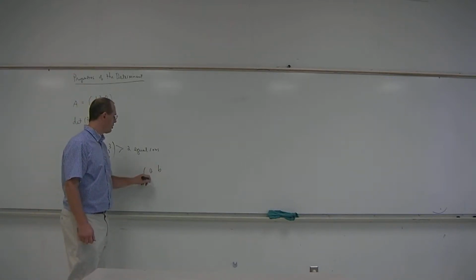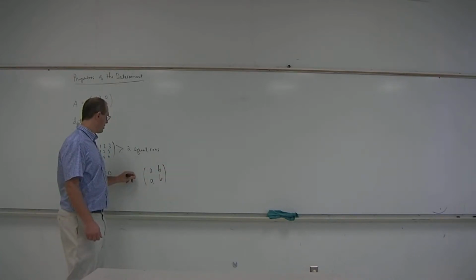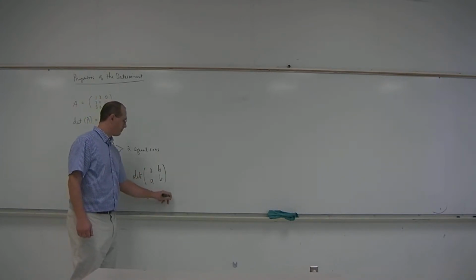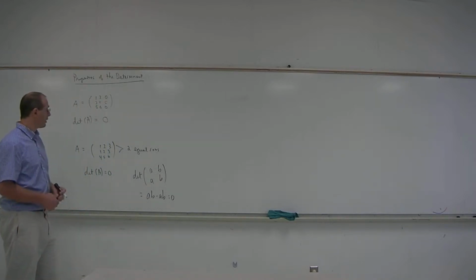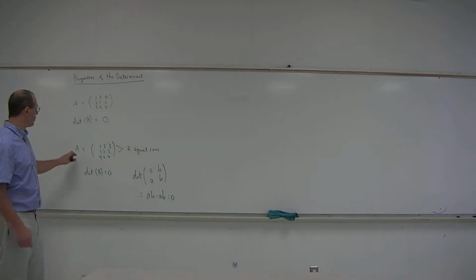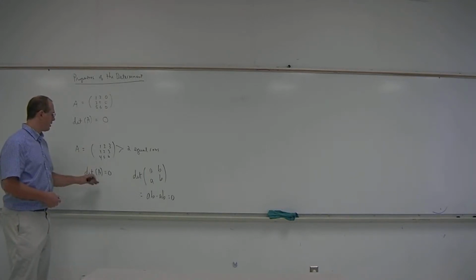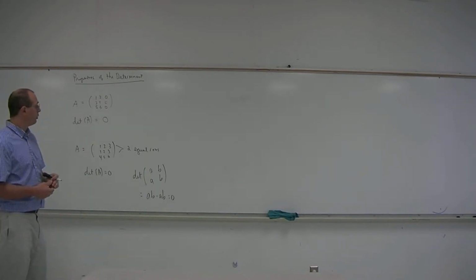If there's two equal rows, A B, A B, then the determinant here is going to be AB minus AB, which is 0. So if the matrix has two equal rows, then the determinant will be 0.